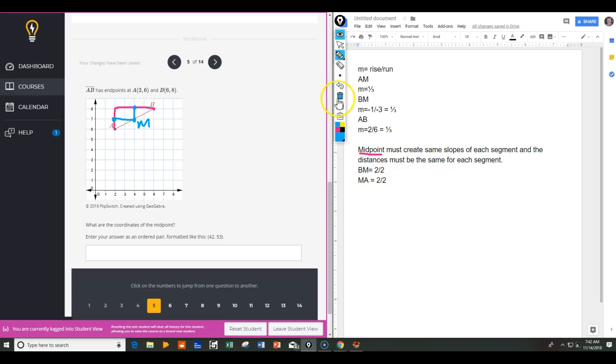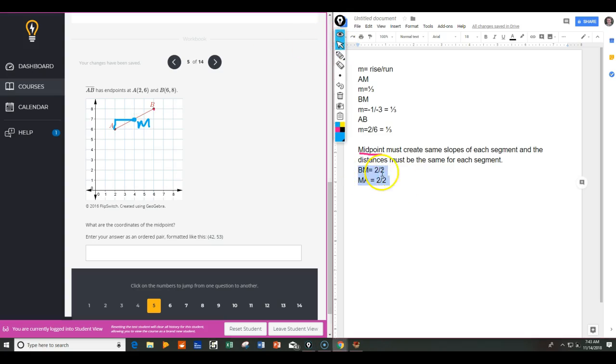And we can double check this by checking to see if we really did in fact create same slopes for each segment. So point M was right here based off of what we did. So we went up 1 and over 2.